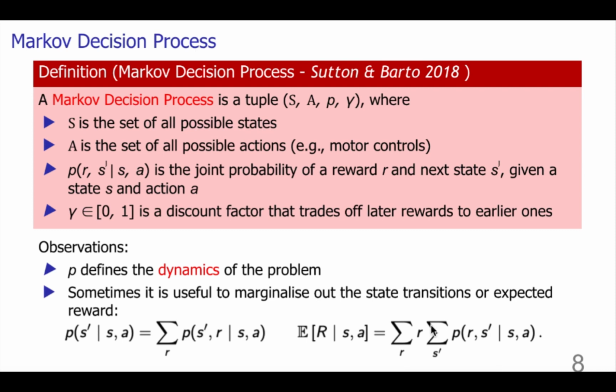So if you convert this into some kind of algorithm, you may get an outer loop which iterates over all possible rewards, and an inner loop which iterates over all possible next states. Inside that inner loop you will have a function that computes the probability of the reward you are considering here and some next state given the current state and action.